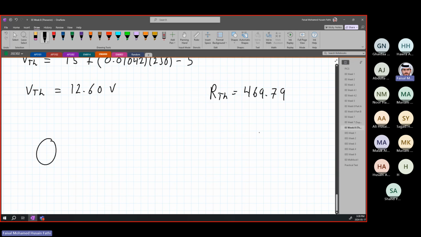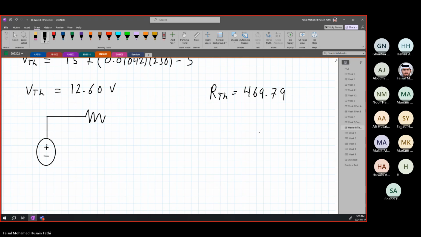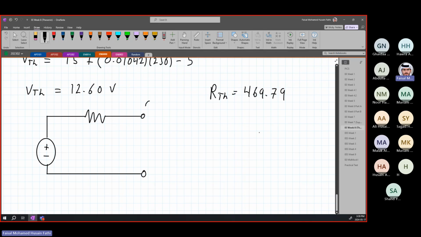If we want to draw our circuit, this is going to be plus minus going up. We have our R Thevenin over here, and we have our node A and our node B. This is A and this is B. So our R Thevenin is 469.79 ohms, and this is 12.6 volts.